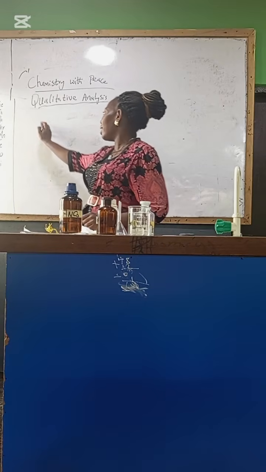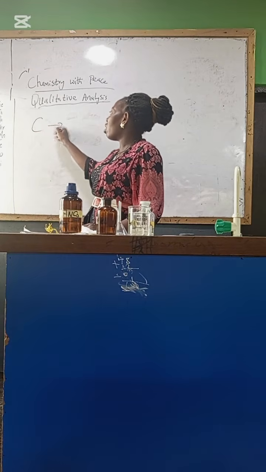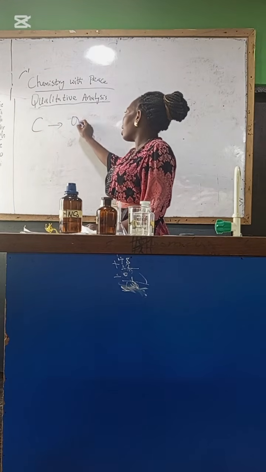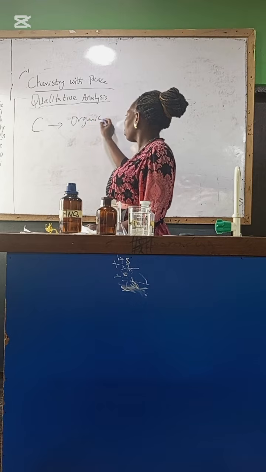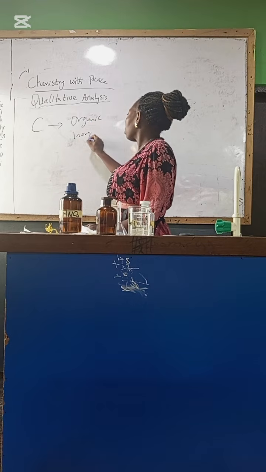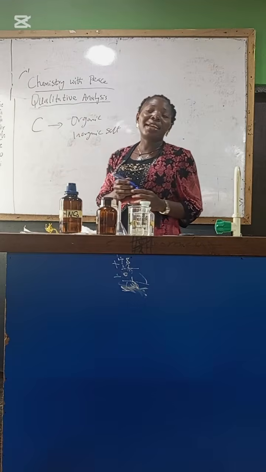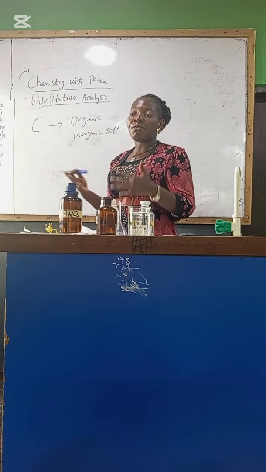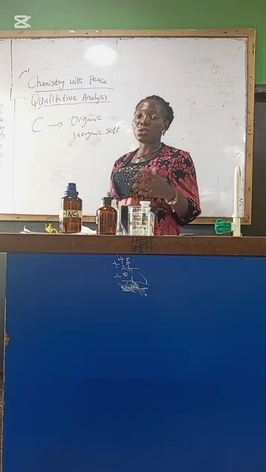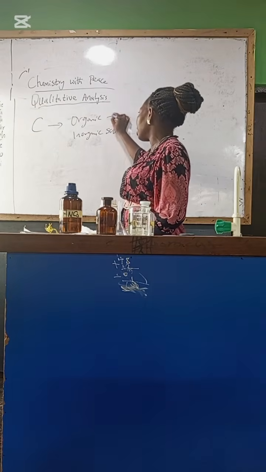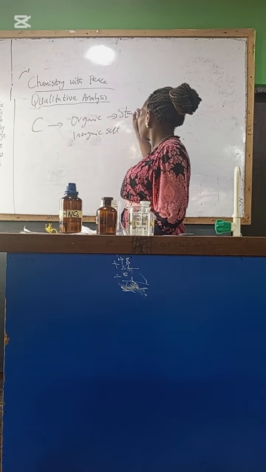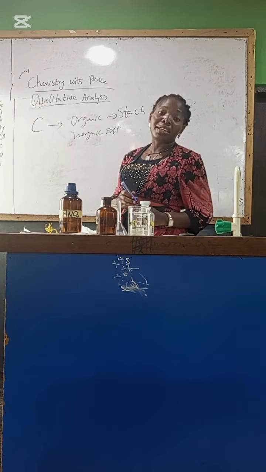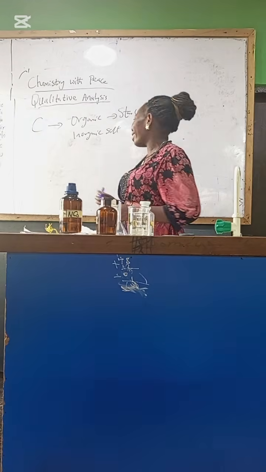So our C is a mixture of organic and inorganic salts. The organic salt is starch, and then the inorganic salt is lead carbonate.